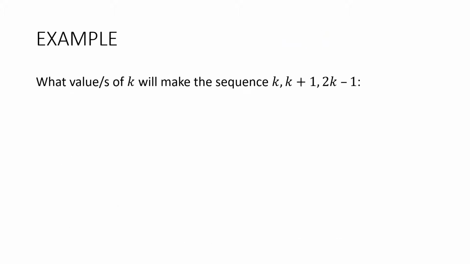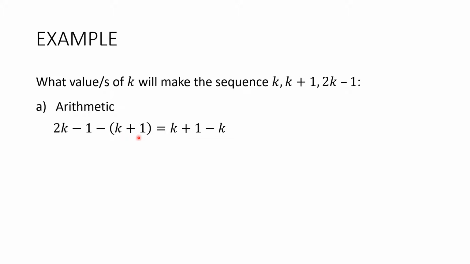Okay, we did a question like this earlier, but we're going to have an added bit this time. What value or values of k will make this sequence k, k plus 1, 2k minus 1 arithmetic, and then we're going to do geometric. If it's arithmetic we're going to do this term take this one equals this term take this one.